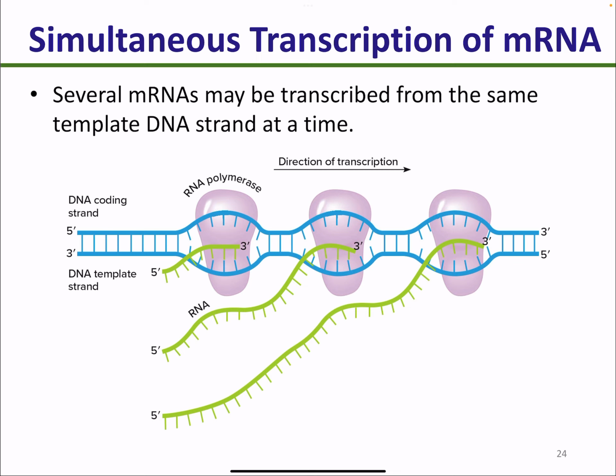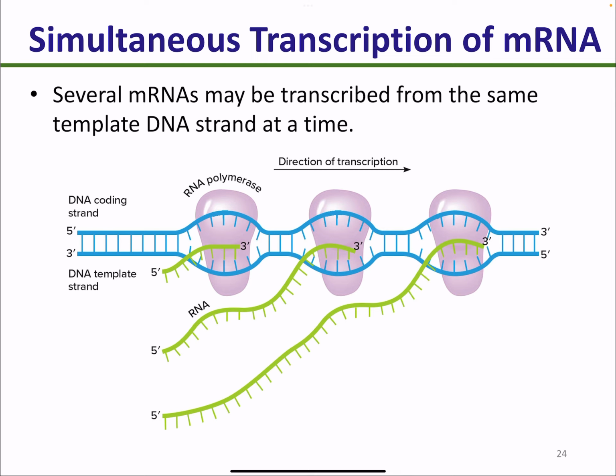Most of the time, you are going to have multiple transcripts, and these multiple transcripts are also going to be translated so that in a relatively short period of time, the cell can meet its need in proteins.